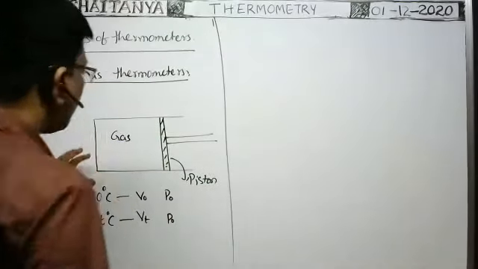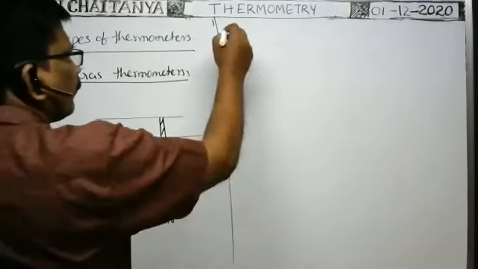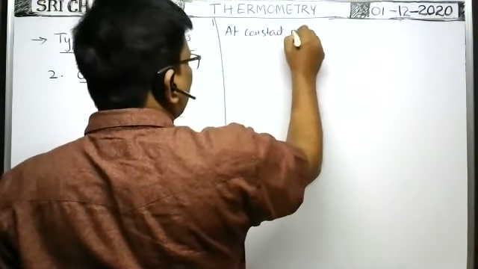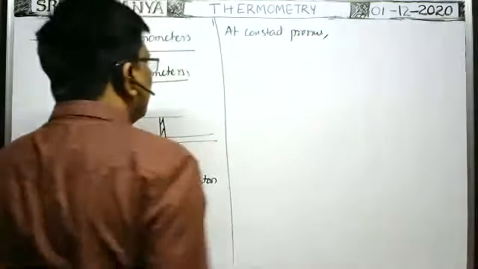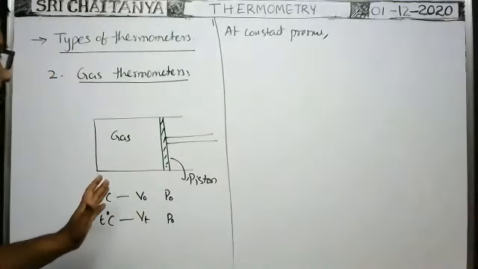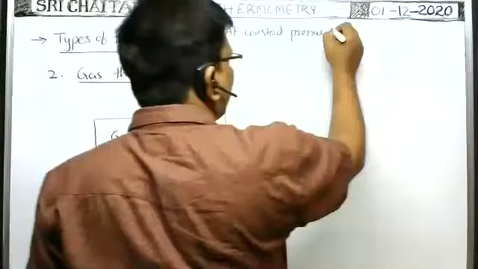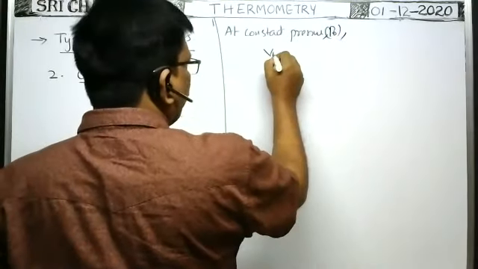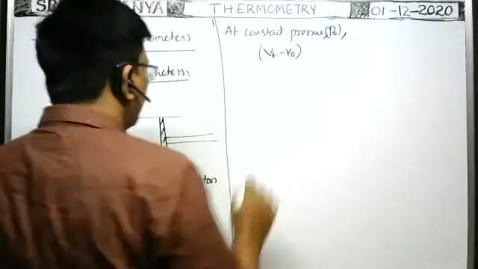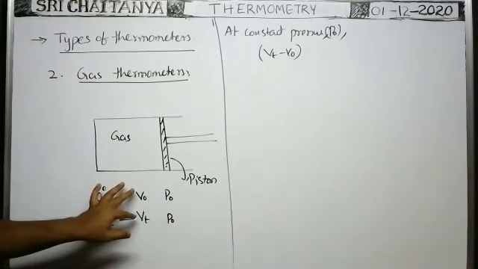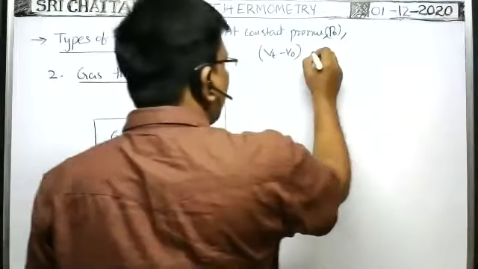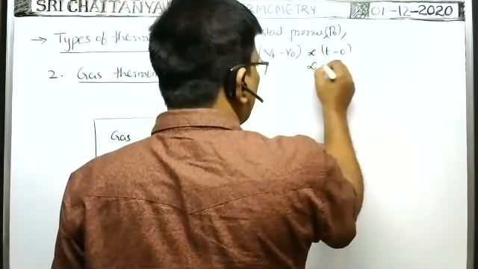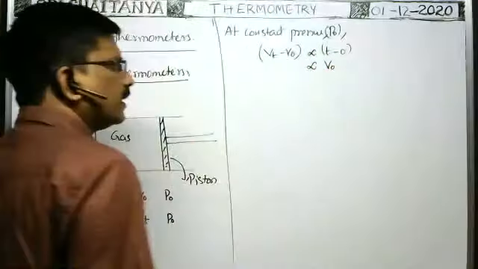Then, at constant pressure P0, the increase in volume, VT minus V0, is directly proportional to the rise of temperature, T minus 0 degrees, and also proportional to the initial volume V0 at 0 degrees centigrade.